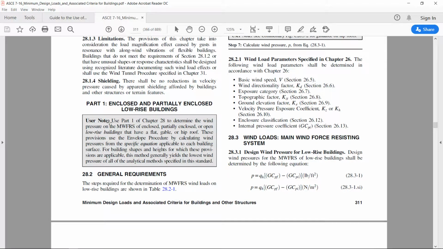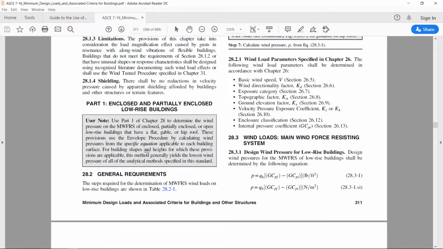The note says use part 1 of chapter 28 to determine the wind pressure on the main wind force resisting system of enclosed, partially enclosed or open low-rise buildings that have a flat, gable or hip roof. These provisions use the envelope procedure by calculating wind pressure from the specific equation applied to each building surface.